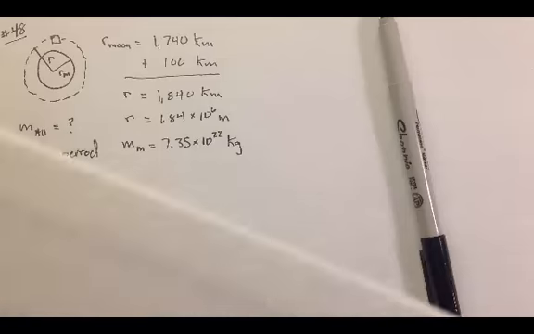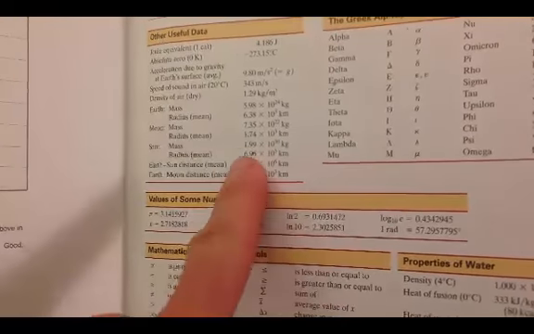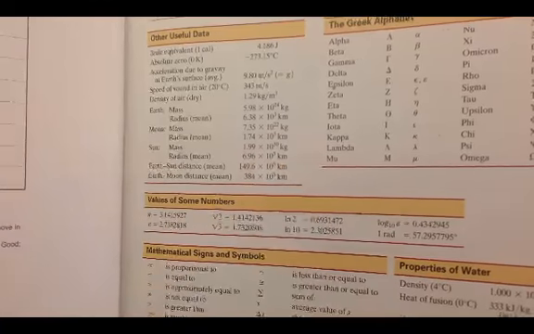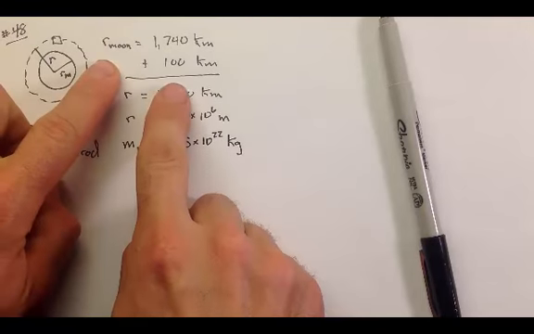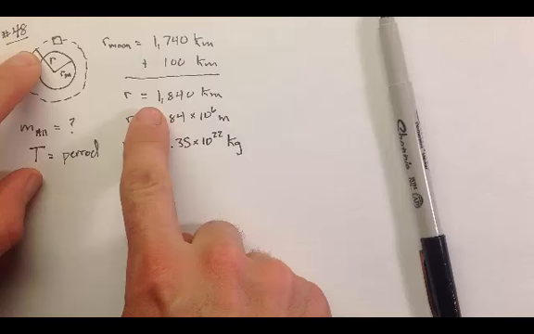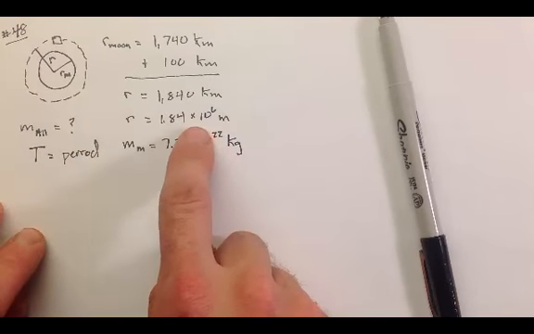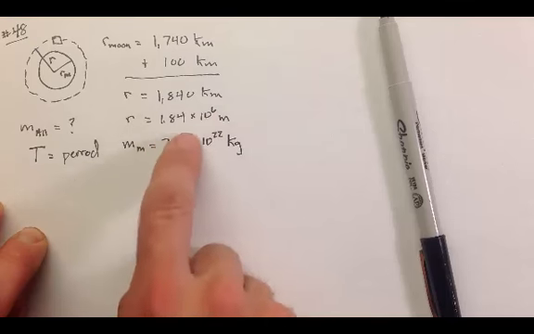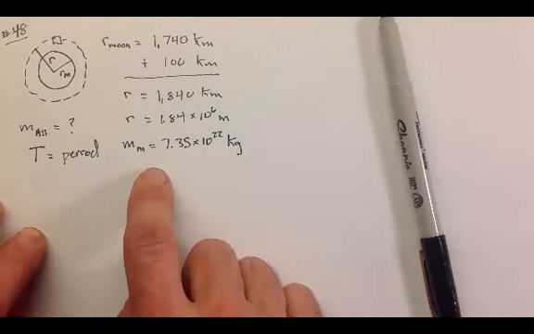Just go to the inside cover, look at that, mass of the moon, radius of the moon, all right there. And of course, for the radius of the moon, I would have to add 100 kilometers here to get out to my radius that the Apollo 11 was orbiting. And of course, I would want to write that in meters. I kind of like writing everything in meters.